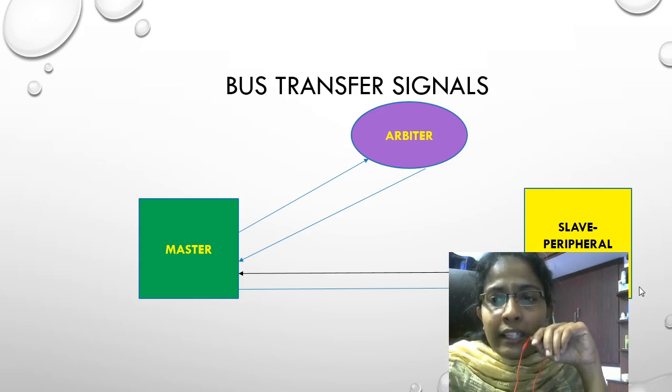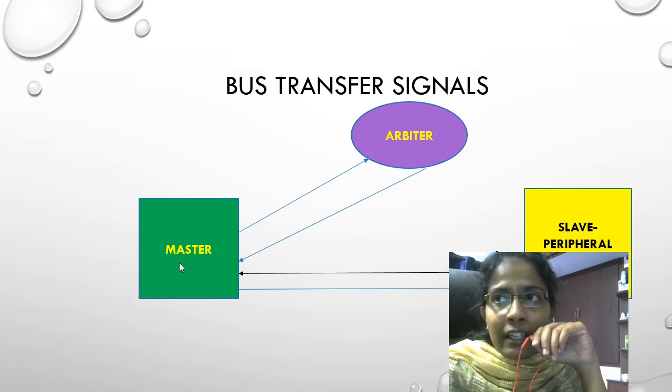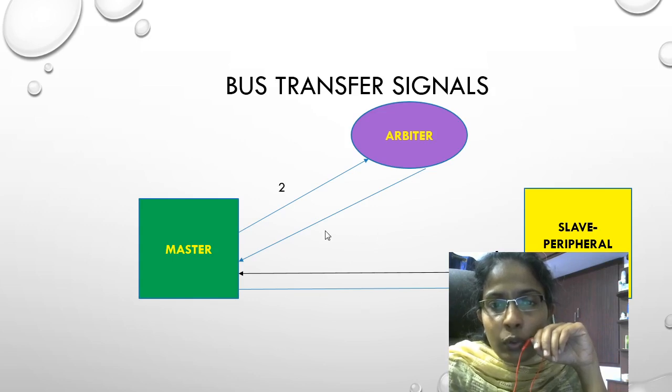For simple understanding, we can assume one master, one slave peripheral device, and one arbiter. This slave peripheral device is asking for a bus; it needs a bus to transfer its data or address. At that time, first a request is sent to the master, and the master is nothing but our processor core. Second, from the master, the next step is that it goes to the arbiter, a request for the bus. The arbiter has all the information about the buses, whether each is free or already used.